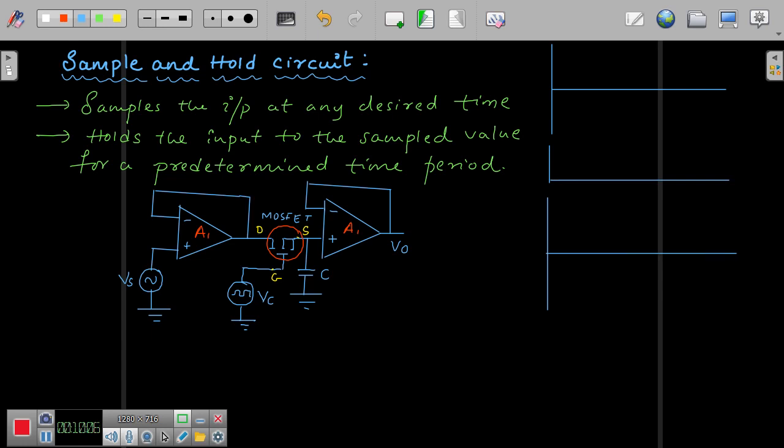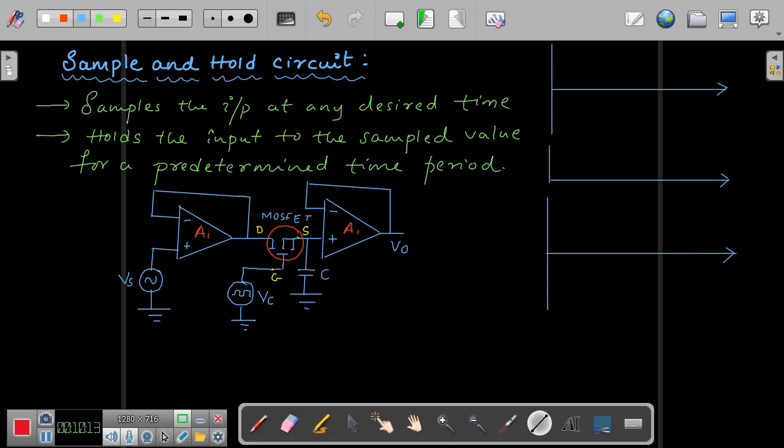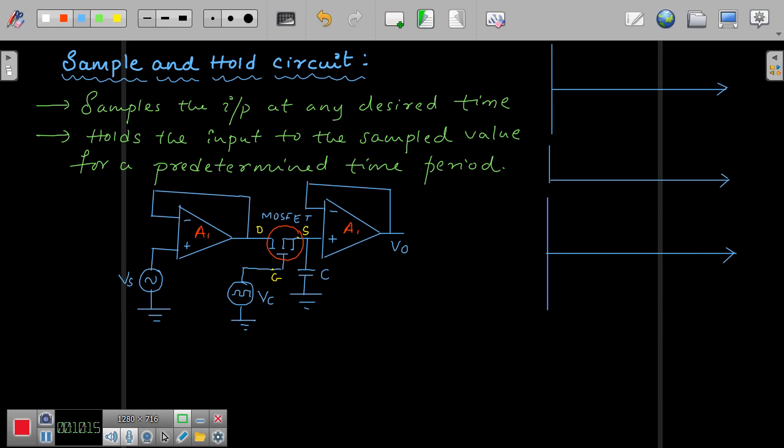We will have it like this. Understanding the waveform is very important here. This is Vs, this is Vc, and of course this is V0. One cycle I will draw.